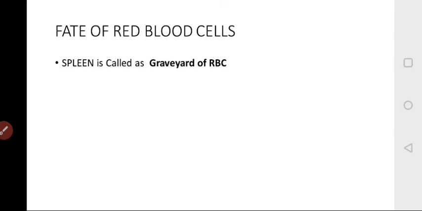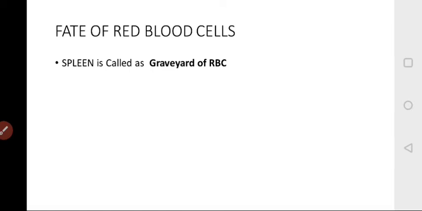The destroyed RBCs are fragmented and hemoglobin is released from the fragmented parts. The hemoglobin is immediately phagocytized by macrophages of the body, particularly macrophages present in the liver, that is Kupffer cells, in the spleen and in the bone marrow. Now, the hemoglobin is degraded into iron, globin and porphyrin.